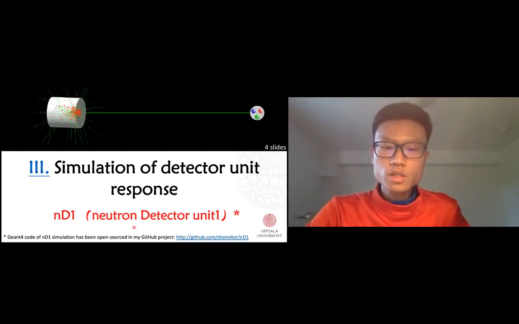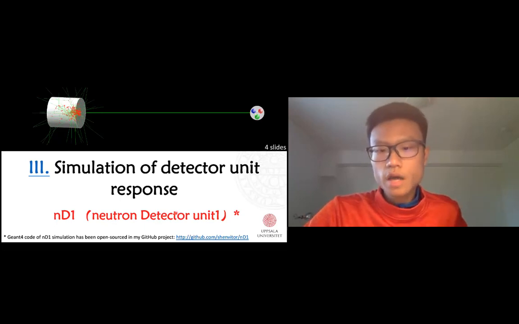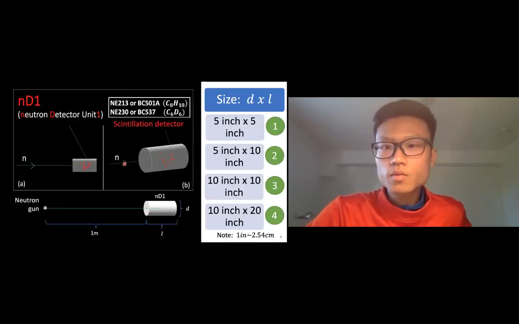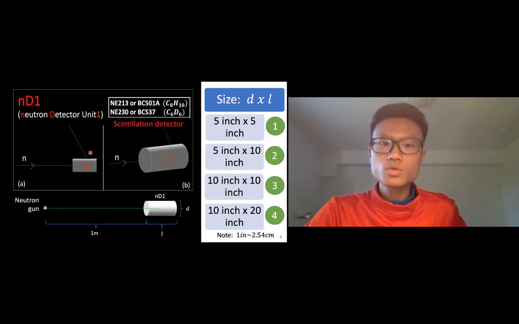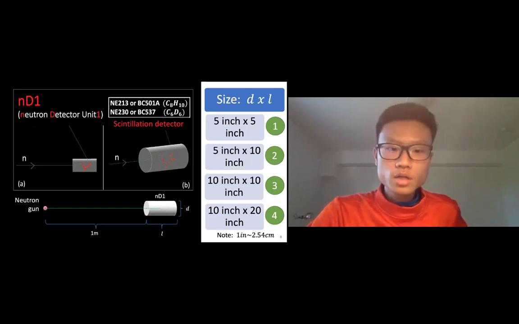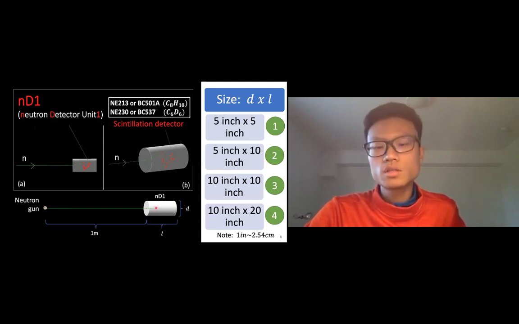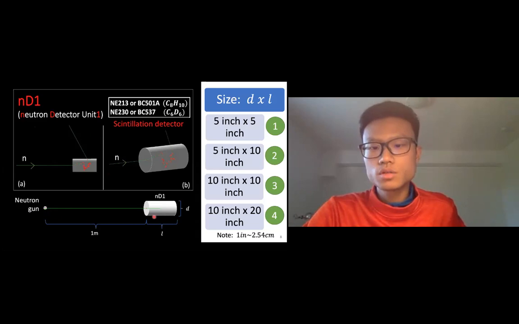I first study a single neutron detector unit, which is a cylinder detector with scintillation, and then I will go to a detector array. As for the setup of my detector unit, as you can see here, I have a neutron gun in the simulation, and it shoots directly into our cylinder scintillation detector.